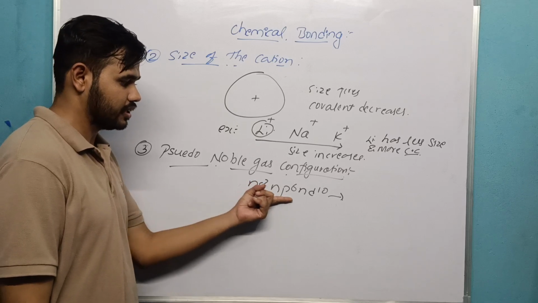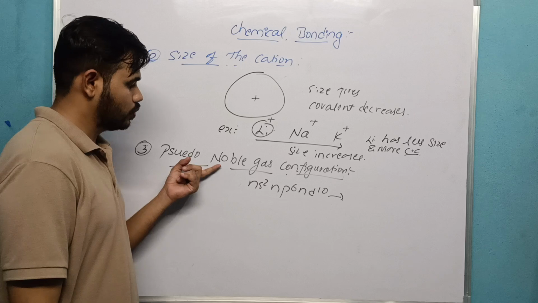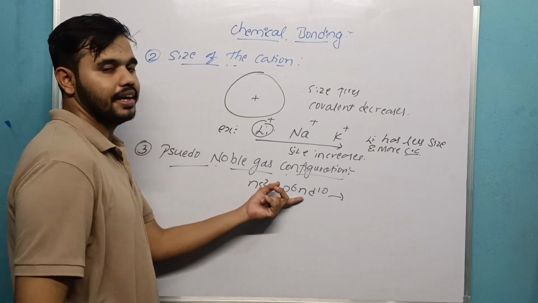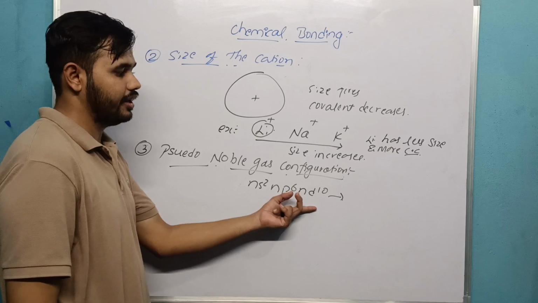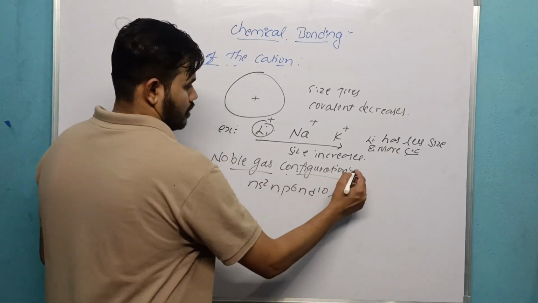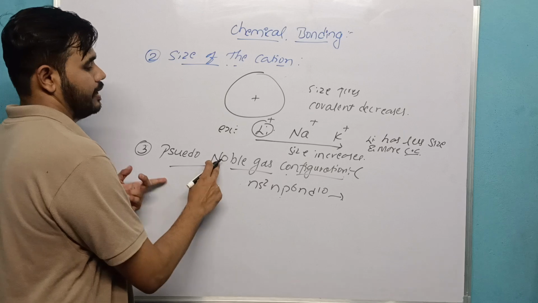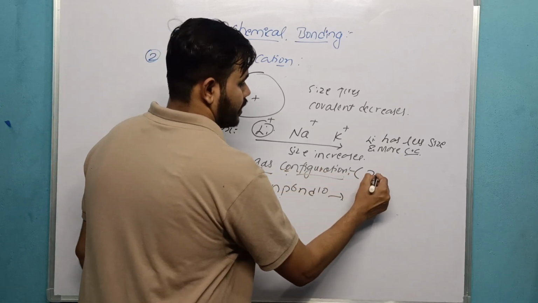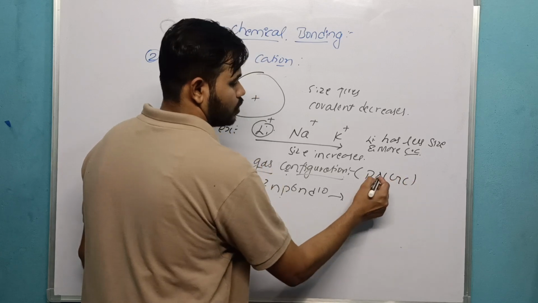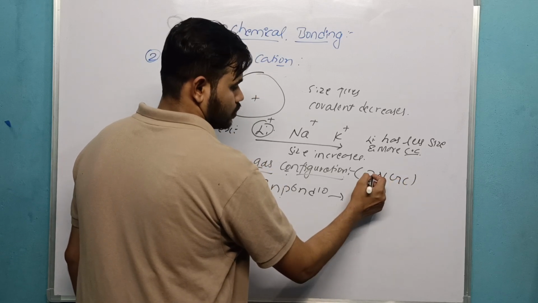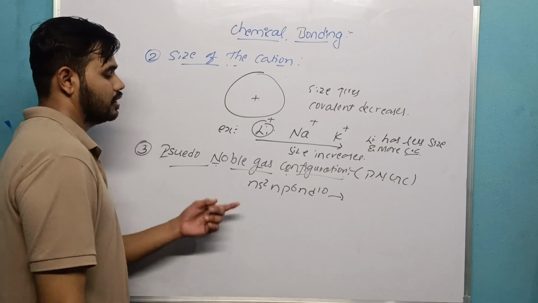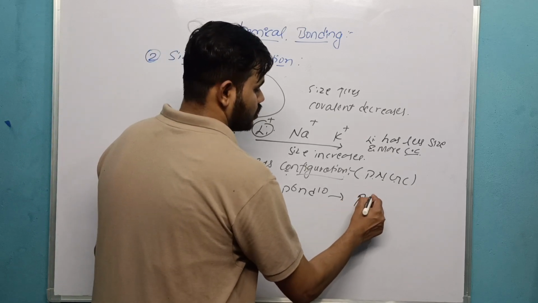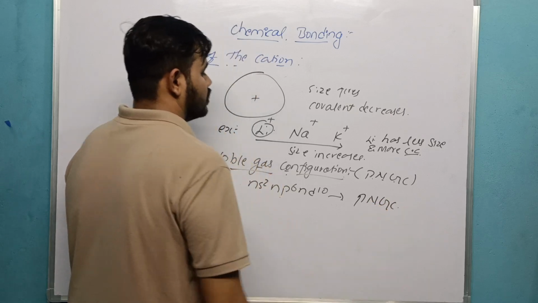This is noble gas configuration, and here pseudo noble gas configuration means ns2 np6 nd10. I will write it in short form, PNGC, pseudo noble gas configuration. Here ns2 np6 nd10 is pseudo noble gas configuration.